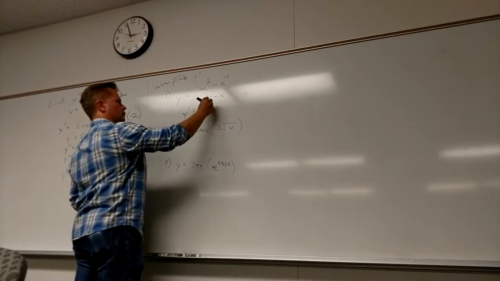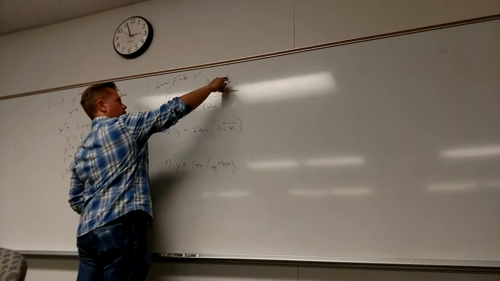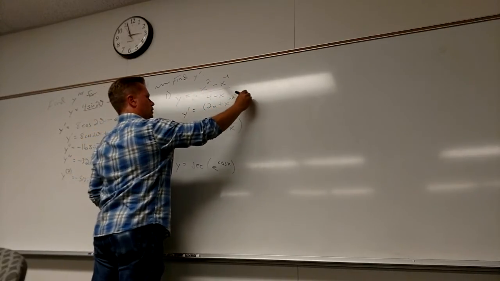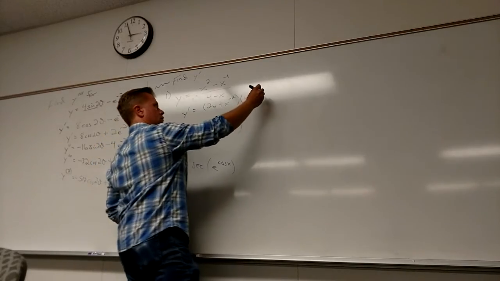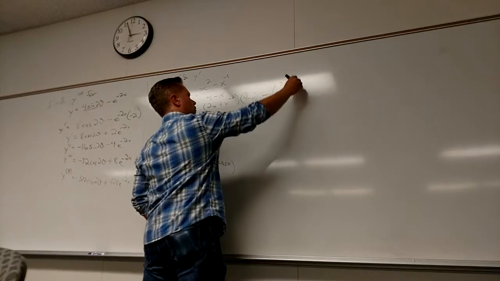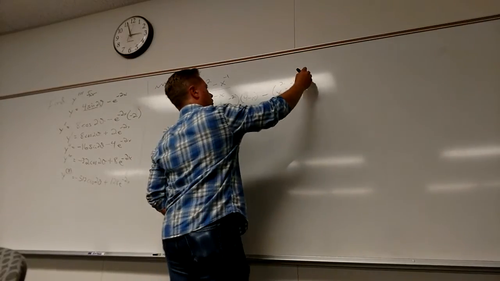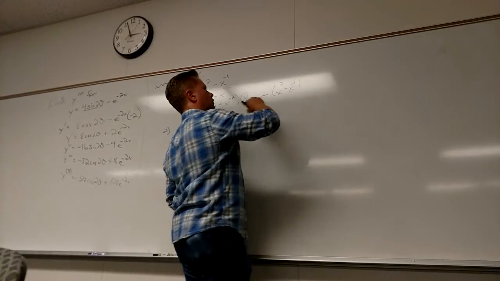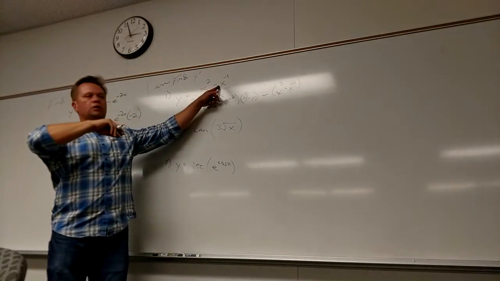You got 2x. Good. Plus x to the negative 2 times the bottom. I like it. Minus, and leave the top alone.